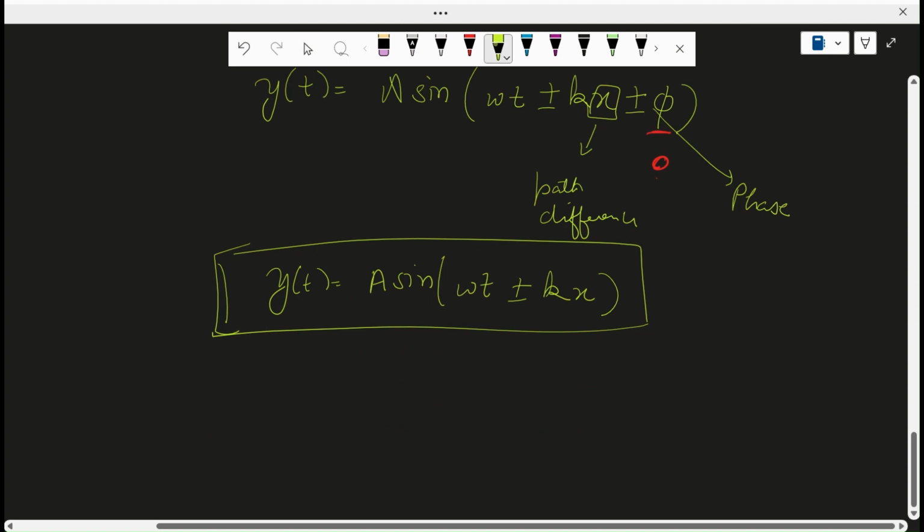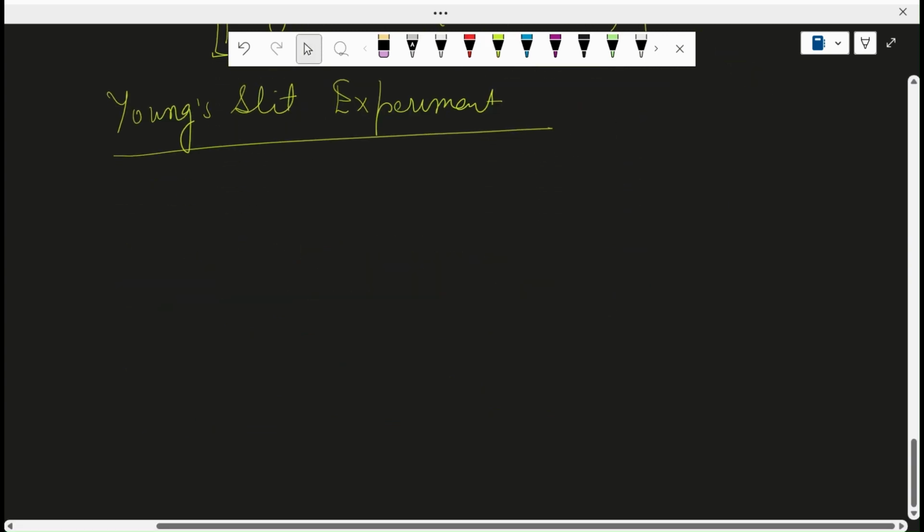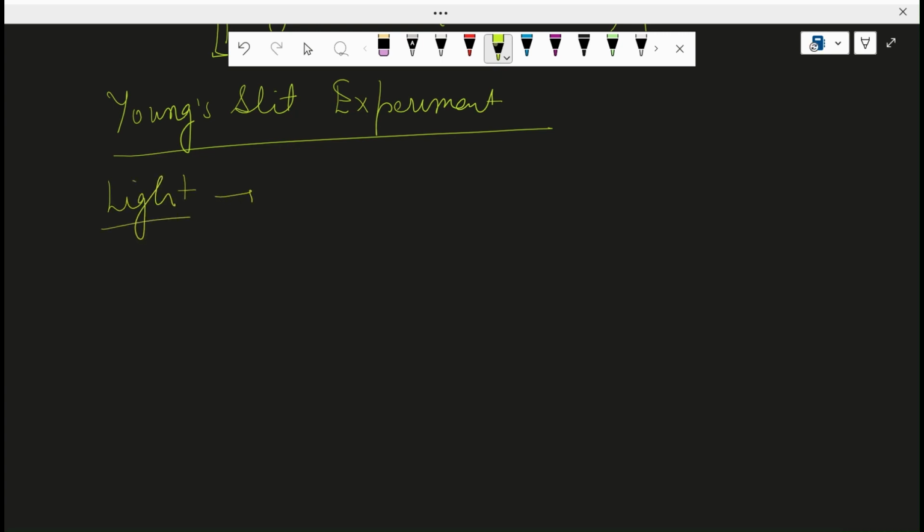Now what is path difference? There is a very famous experiment known as Young's slit experiment to understand what path difference is. We know that light is a form of energy which travels in electromagnetic waves.